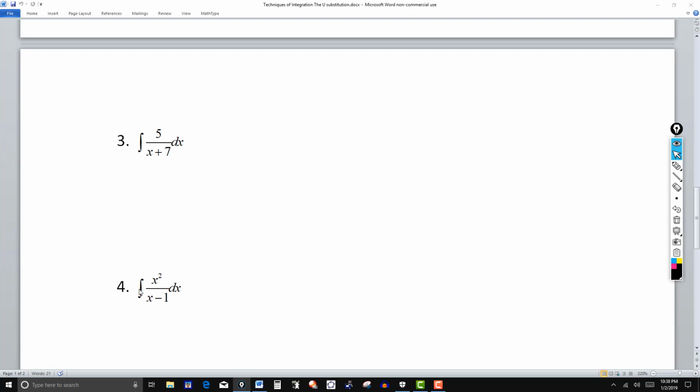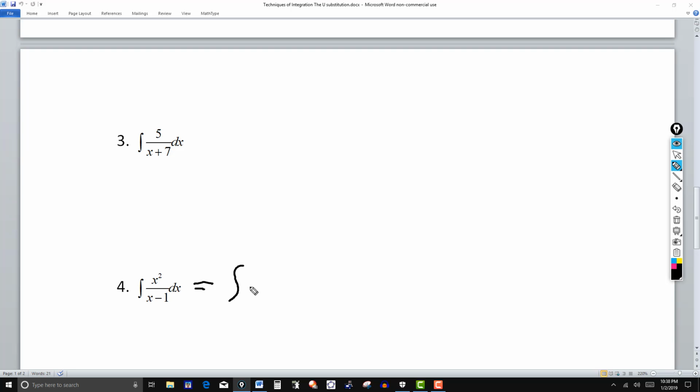So again, always try, if possible, to simplify your integrand, sometimes by making a substitution and sometimes just by doing some algebra. Like here, one way to do this is I could use long division, or I could do something like this, which gives the same answer, but I'm going to do this.